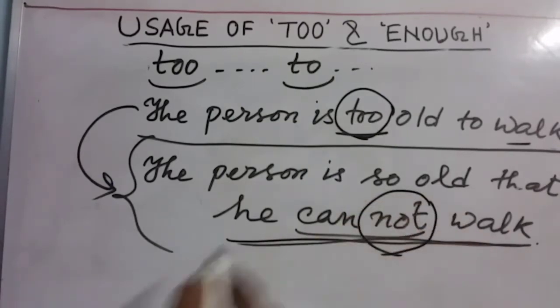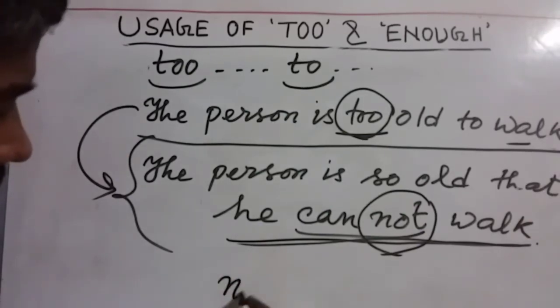"Too" is completely a negative word in English sentences, or better to say in formal English. But in spoken English, sometimes it is used. Suppose someone asks you, how are you? You answer, not too bad.